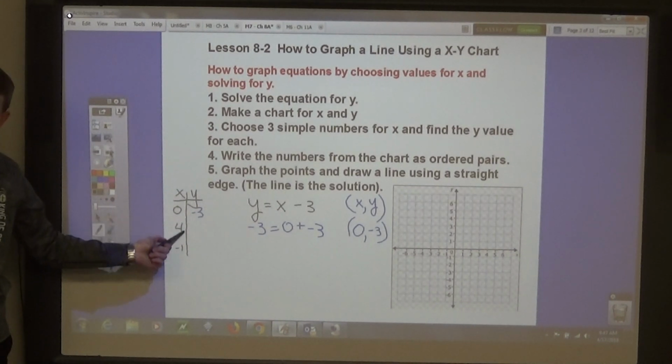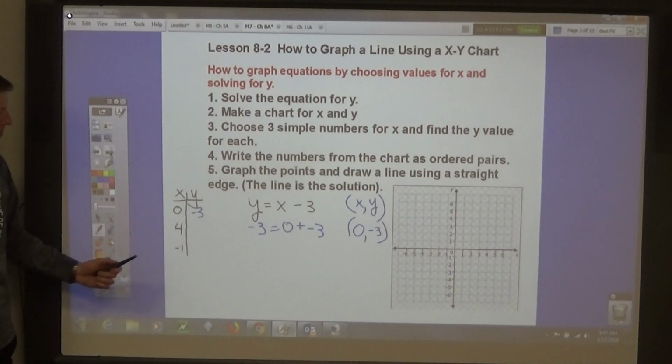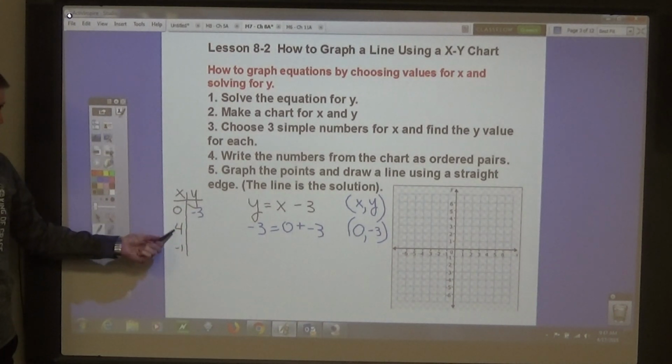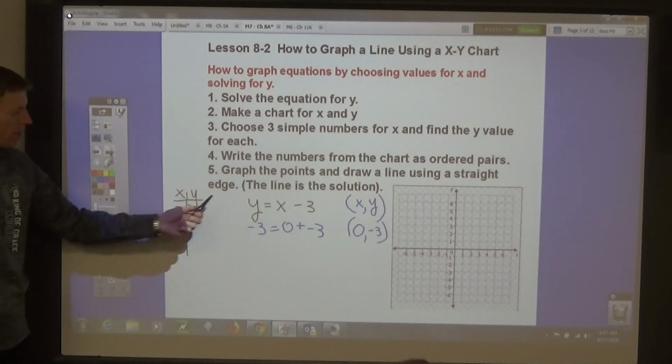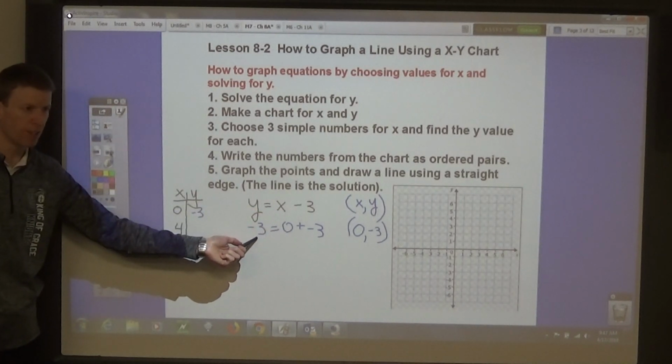So these are going to be the domain of this relation. That's what we learned about yesterday. Then you put those numbers into the equation for x and solve it to find the y value.